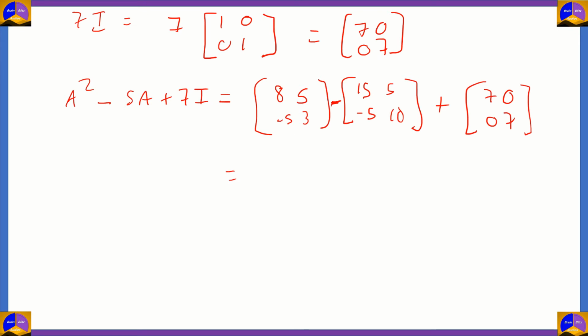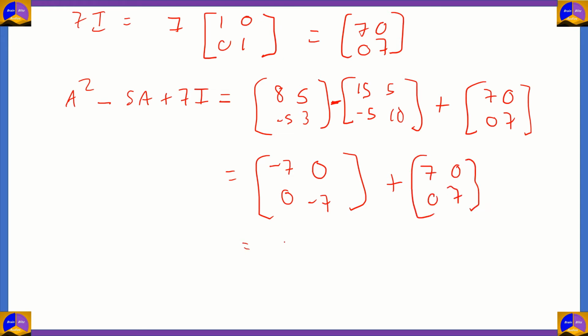So we're subtracting the first two matrices using BODMAS, so subtraction comes first. 8 minus 15 is minus 7, 5 minus 5 is 0, minus 5 plus 5 is 0, and 3 minus 10 is minus 7. So [-7, 0; 0, -7] is the result. Now we add that to [7, 0; 0, 7], and from here onwards, it's obvious that the matrix is a 0 matrix. So A squared minus 5A plus 7I is equal to 0.